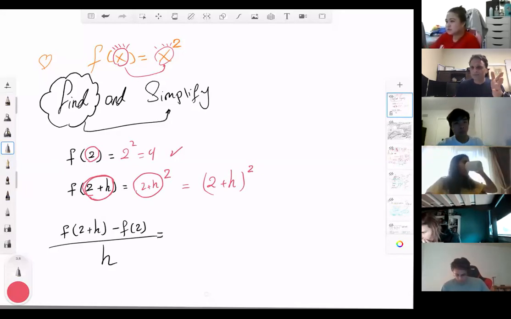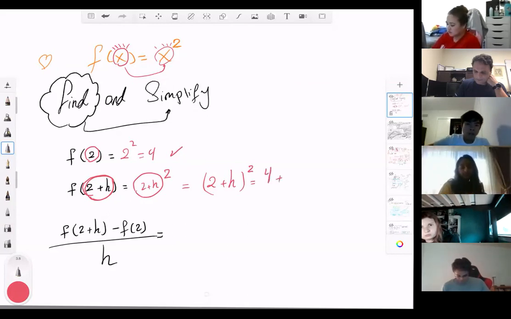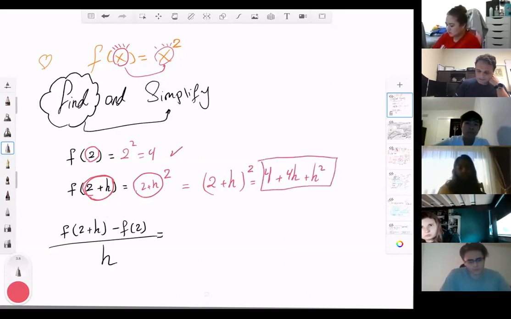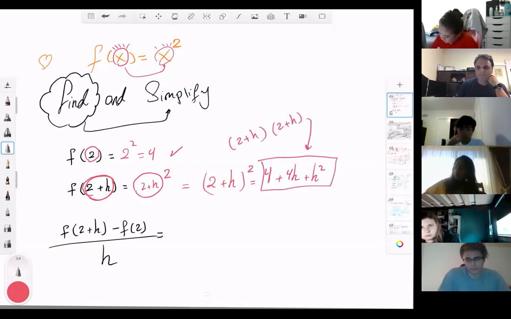By the end of this course, we like to leave it like this: parenthesis 2 plus h, squared. But the way Andrea simplified it is great: 2 plus h squared is 4 plus 4h plus h squared. Where is this coming from? From 2 plus h multiplied by 2 plus h. You will get this one.